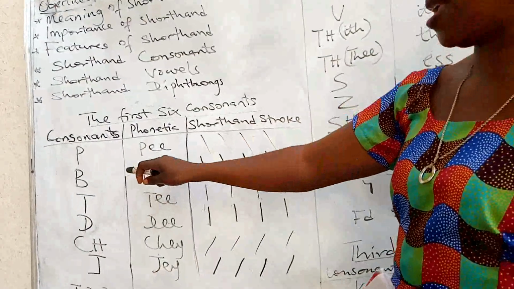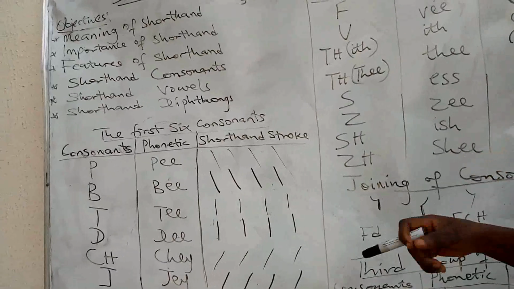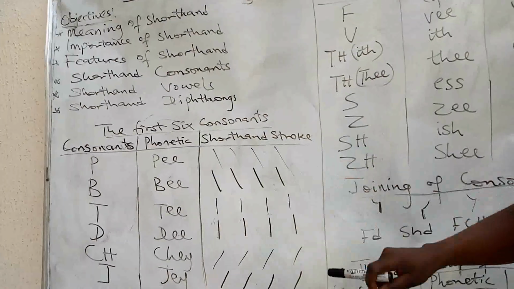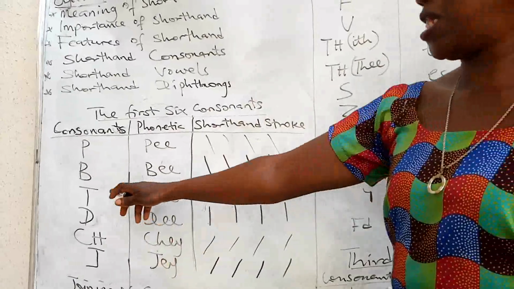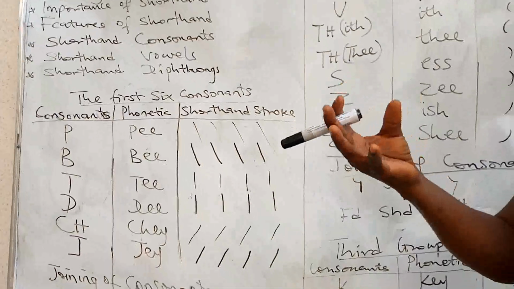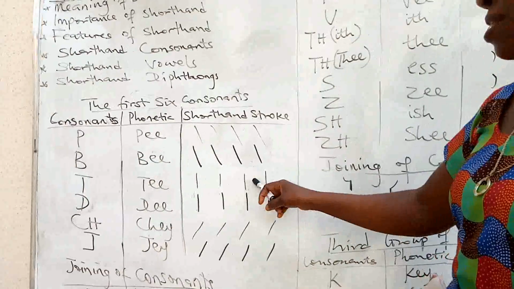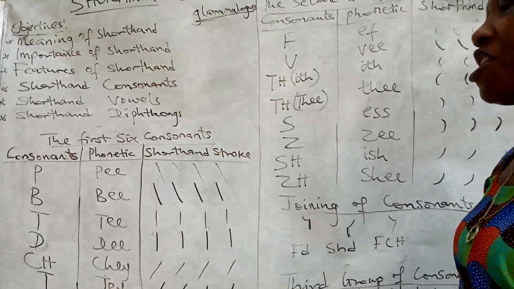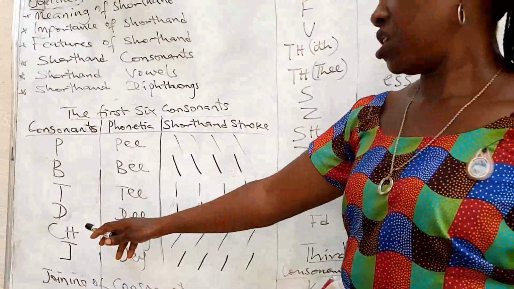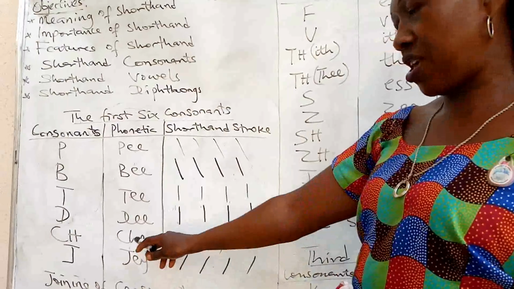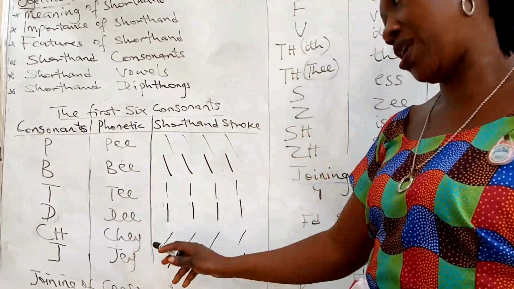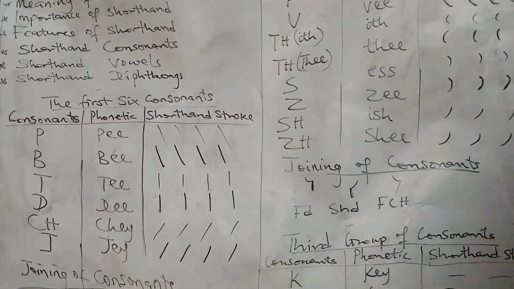Then B has a deep or heavy stroke. Then T, which is light in the mouth, has a light stroke, and D has a heavy stroke. Then CH has a light stroke, and J has a heavy stroke.